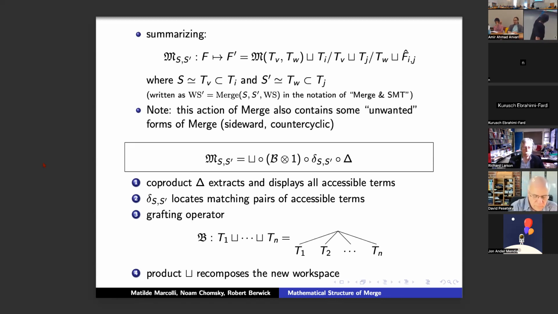And then the last thing that happens in this formula is that I'm applying the product. Okay. So why am I applying the product? Because now I'm recombining all my pieces together and putting them together to form the new workspace. So the last operation puts together the new workspace, which is going to have in it exactly what I want on the first line up there. There's this new component that I have formed by merging the two accessible terms.